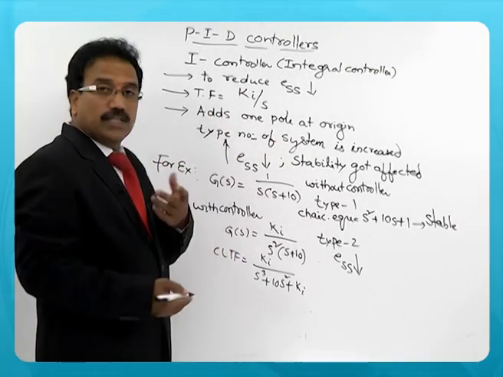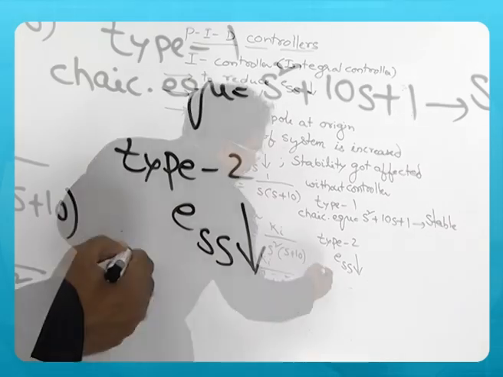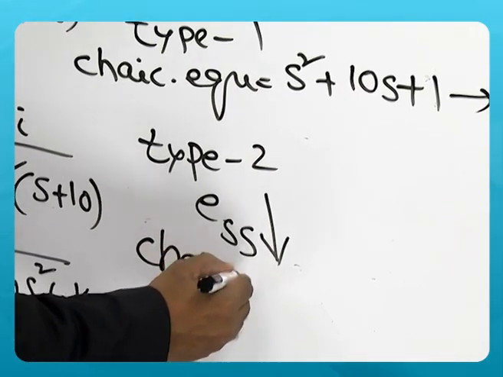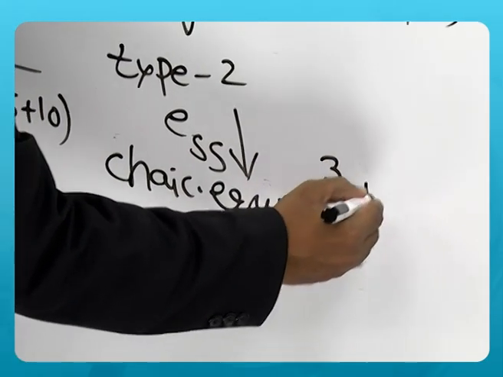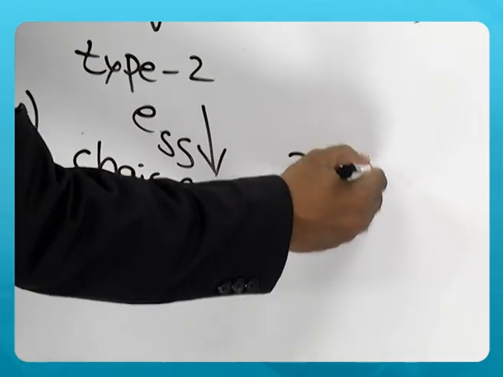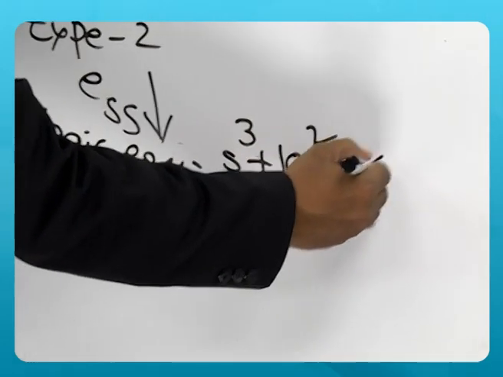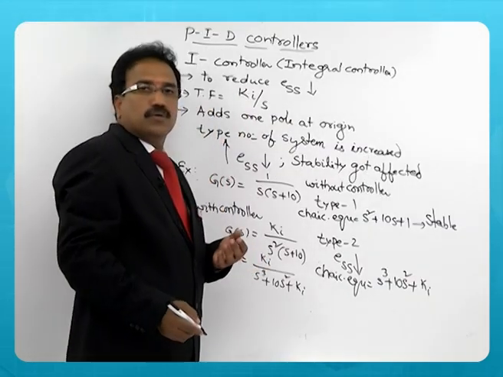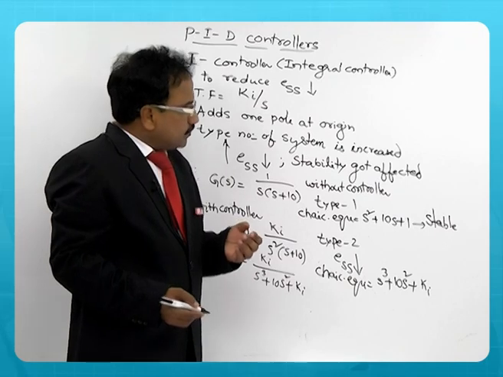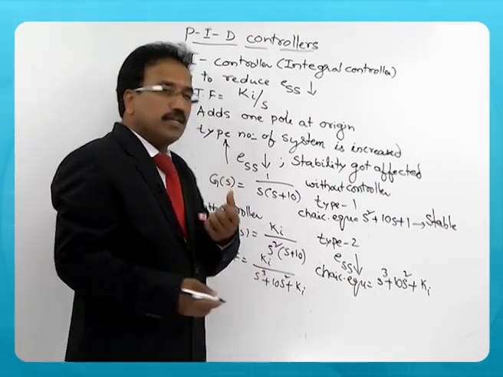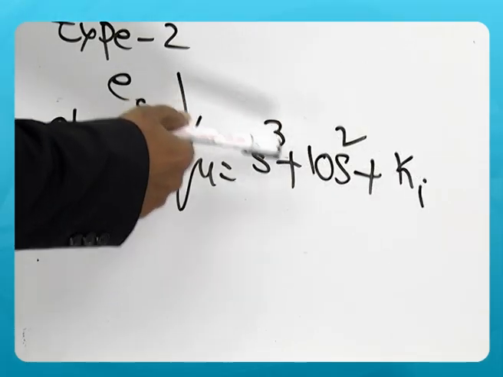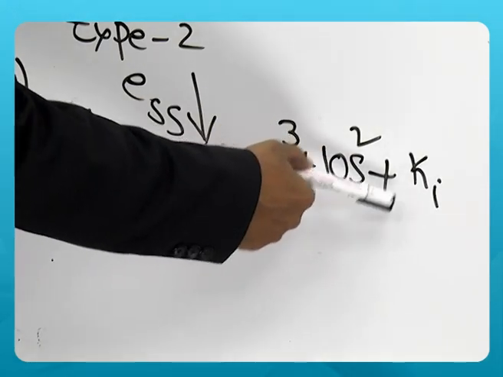But when you look at the characteristic equation, it is s cube plus 10s square plus Ki. So all the terms are not available in the characteristic equation. One term is missing here. You can see s power 3, s power 2, then s power 1 is missing.